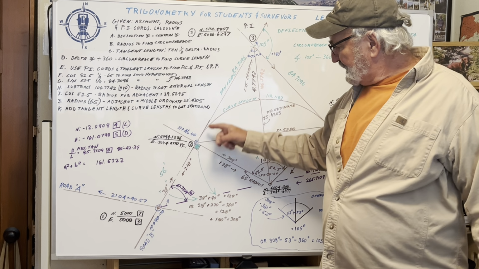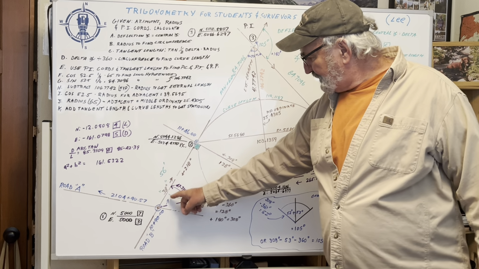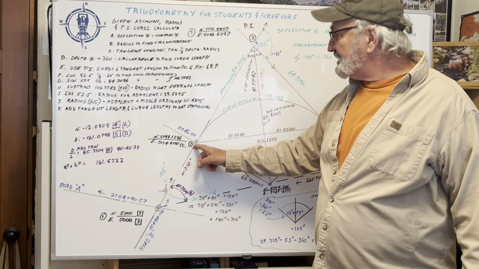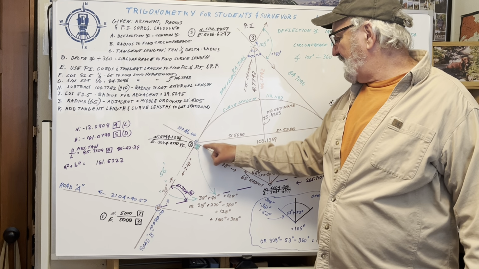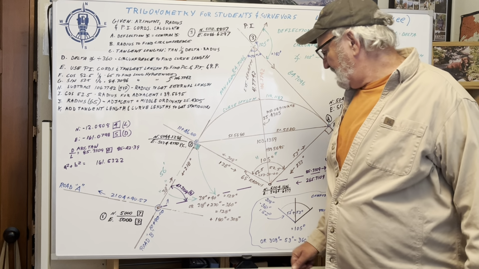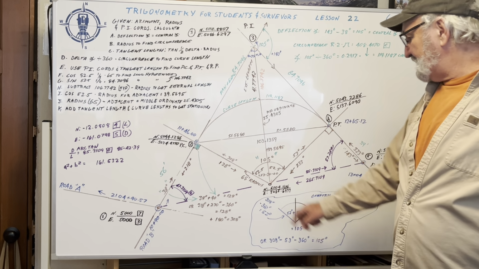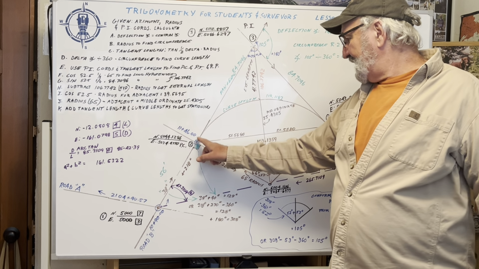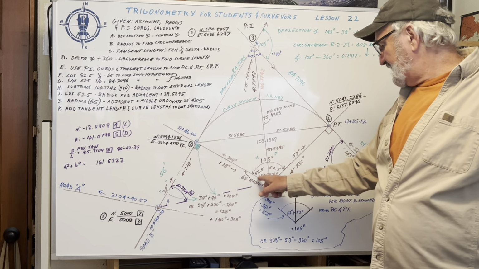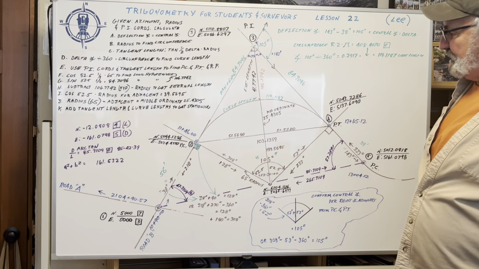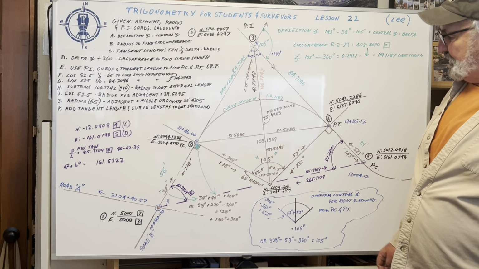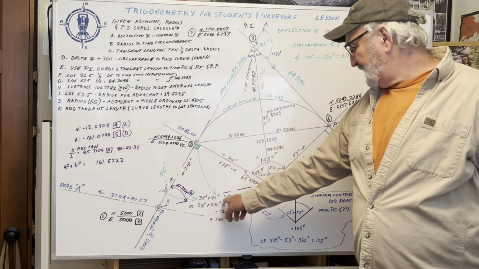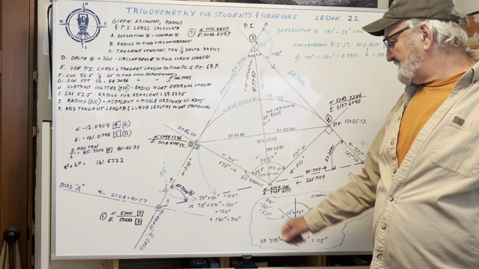So we're going back. We can go back this way, or we can go up 38 degrees and then go 90. 90 from that is 128 degrees. So if we went 128 degrees, that's going to give us our radius. The other way to do that, 38 plus 90 equals 128 degrees.